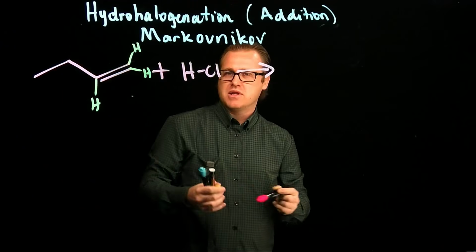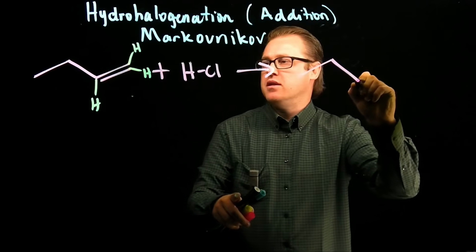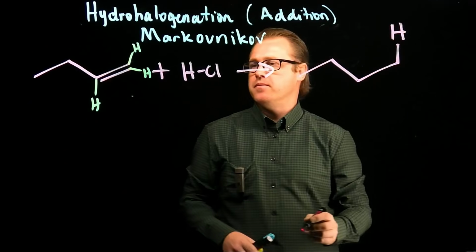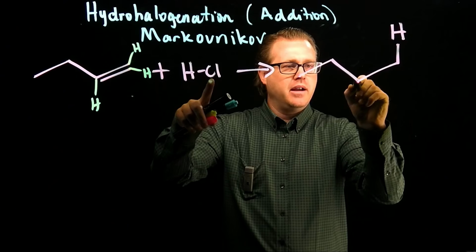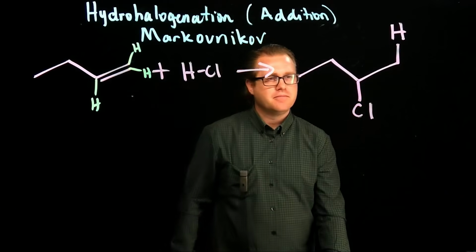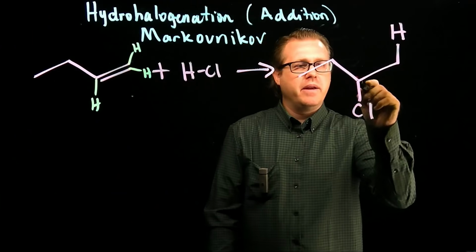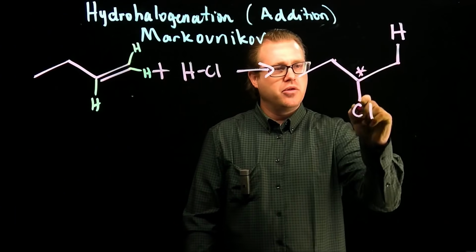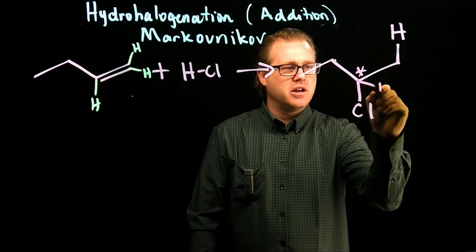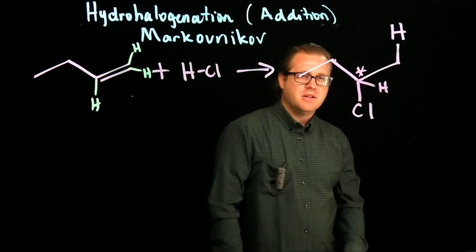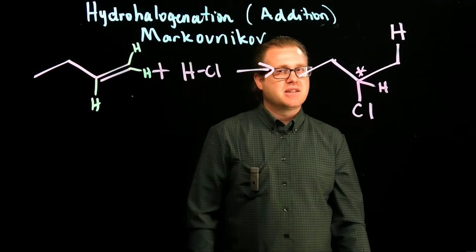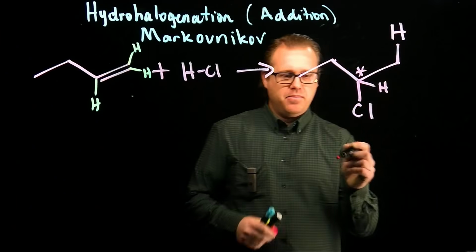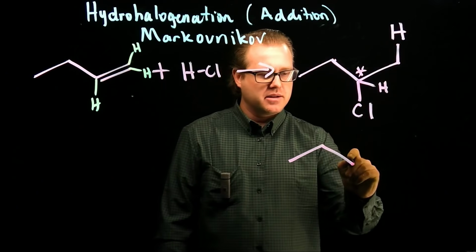So Markovnikov's rule states that we're going to place the hydrogen here. And I'll just represent it right there. And so that means that the chlorine is going to have to go there. But look at what we've just generated right there. We have a carbon with 1, 2, 3, and then the other hydrogen, not shown, 4 different groups. So that is a stereocenter. So we could have a possibility of 2 products.